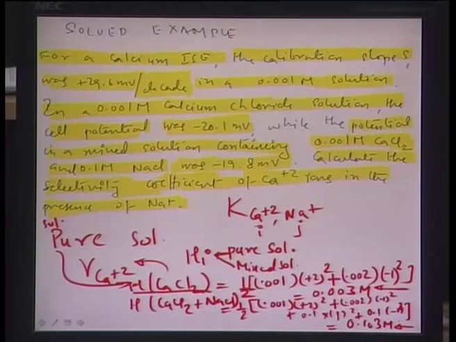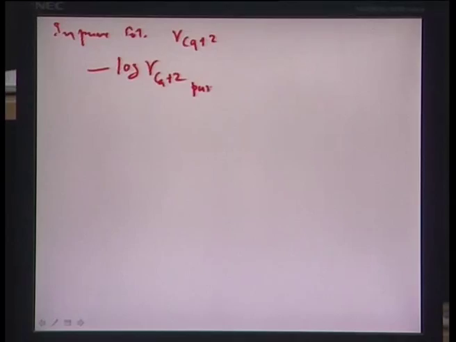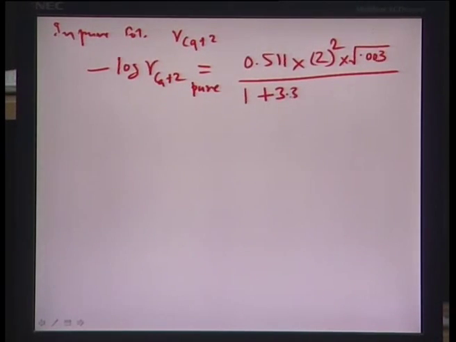After doing this, let us find out the activity coefficient of Ca plus 2 in the pure solution. In pure solution, the activity coefficient of Ca plus 2 can be represented by the following: minus log of gamma Ca plus 2 pure equals 0.511, which is the parameter A that we calculated before, times Zi square, in this case plus 2 square, the valency on calcium, times the root of the mean ionic strength, which was found from the earlier equation to be 0.003 molar, divided by 1 plus 3.3 times 10 to the power 7, which is the value of the B parameter in this equation, times the ion size parameter, which we have to locate.